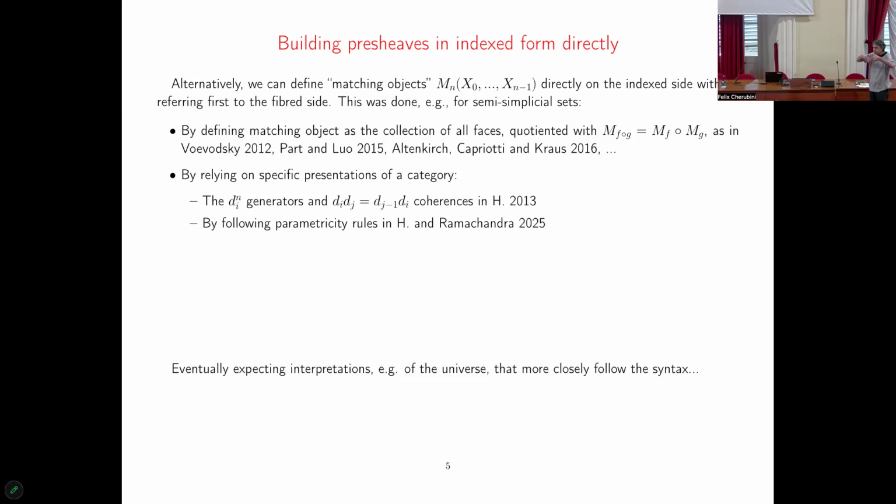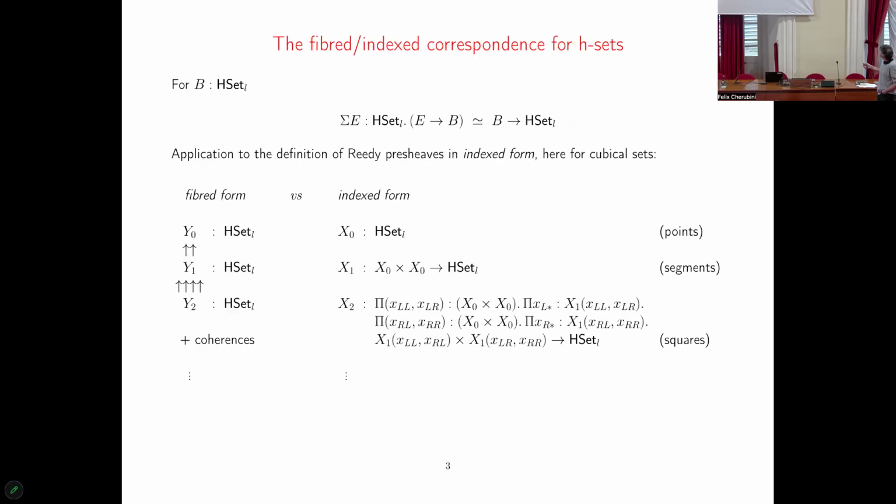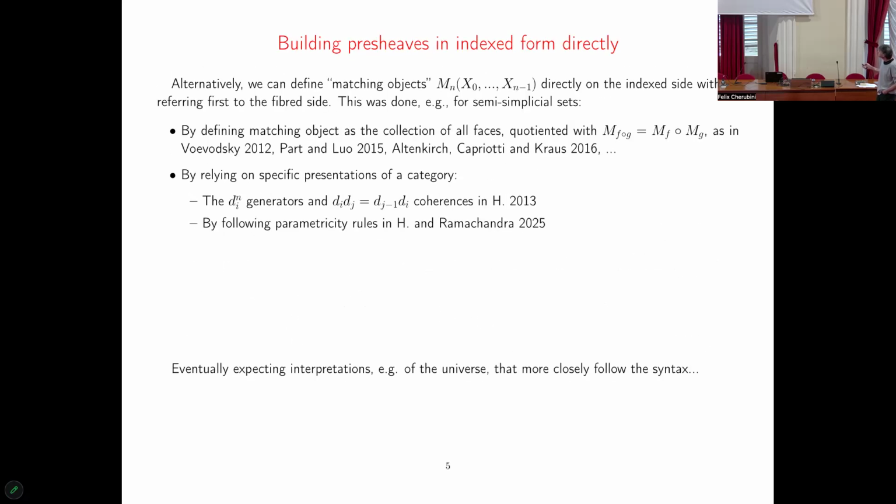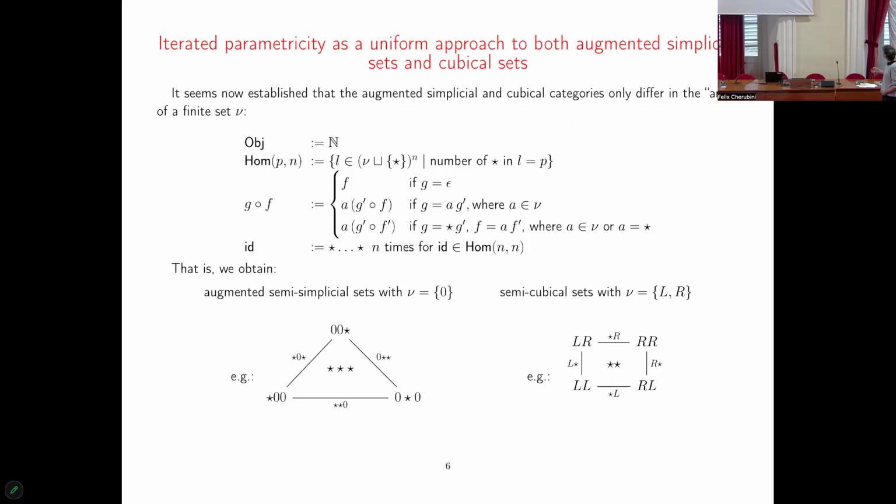Can we preserve more of the strictness, more of the definitional rules, by having models which are closer to the syntax? The hope is that this parametricity-based presentation of presheaves in index form is closer to the syntax and will preserve more definitional rules than the ordinary models, especially, for instance, for the universe. But that's also not the purpose of this talk.